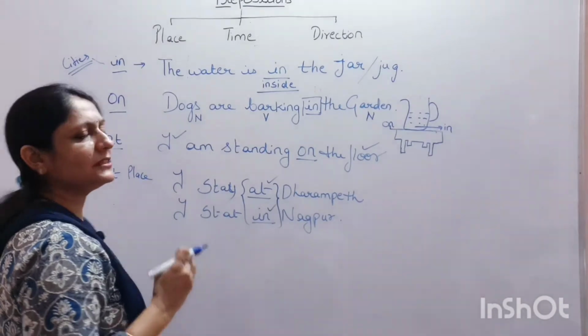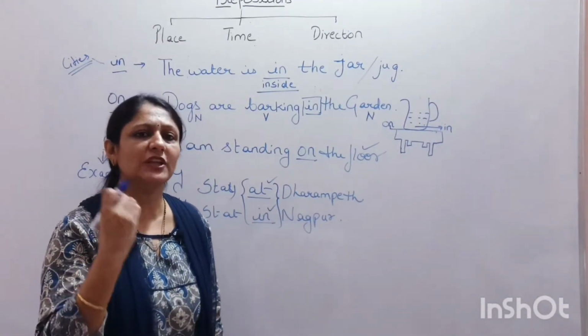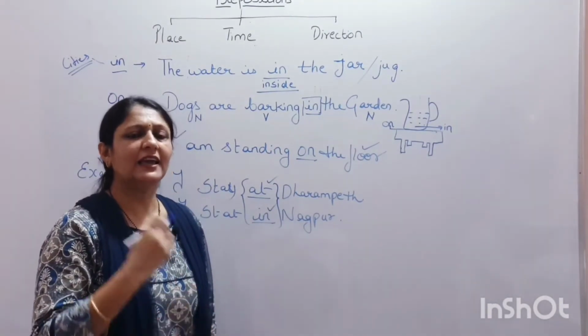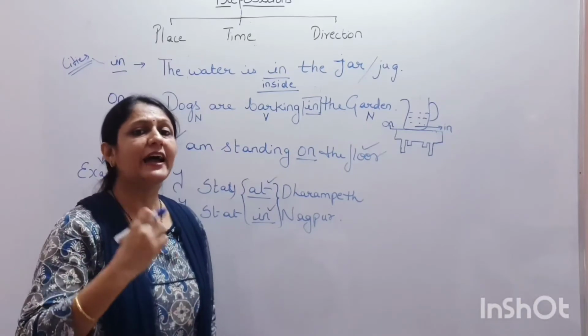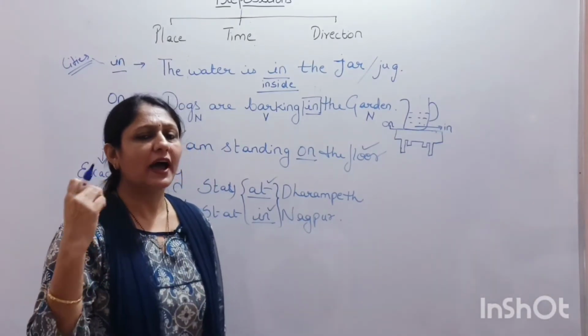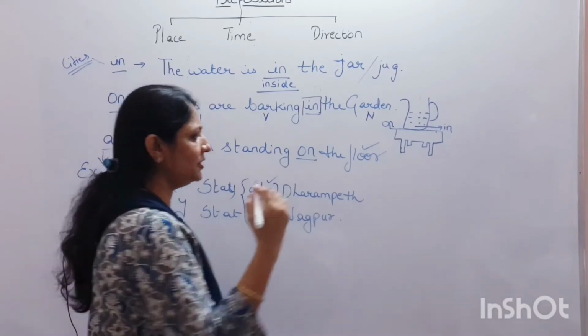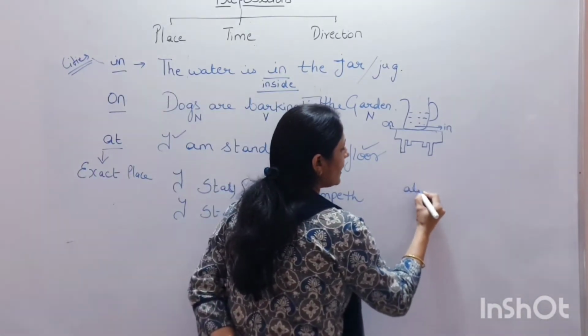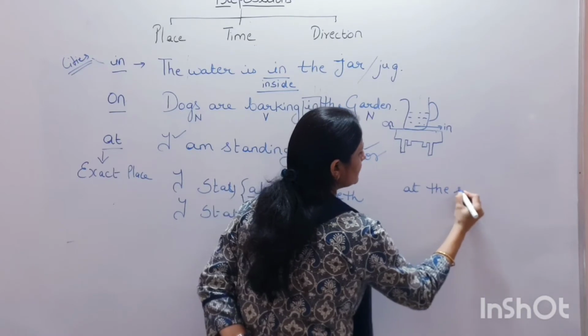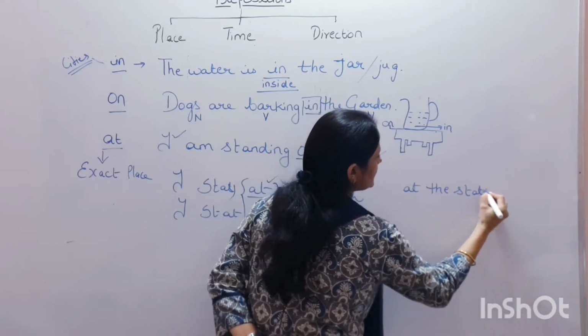Okay, let's take some more examples of the preposition at. The train arrived at the station at 5 p.m. So now I have mentioned which word over here? At the station.